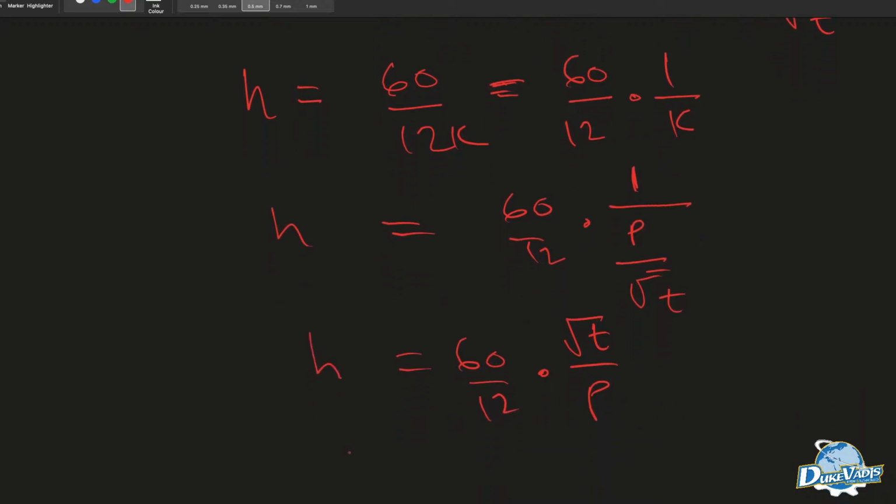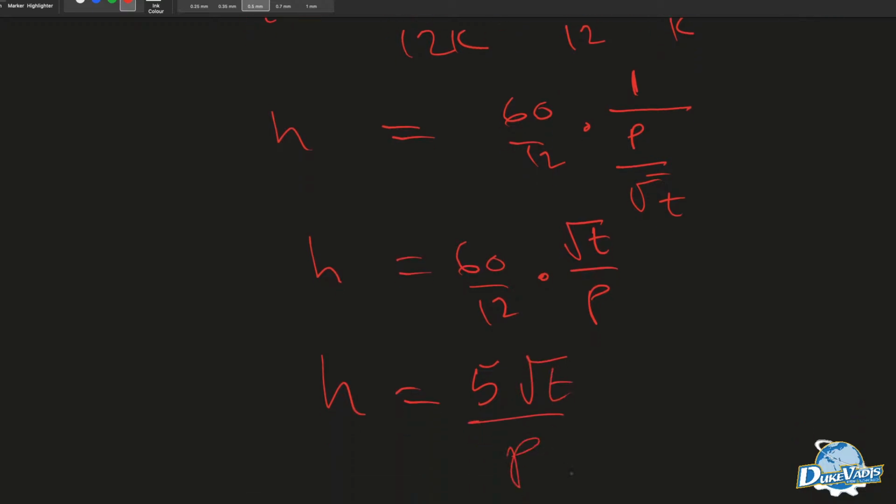Now 60 divided by 12 gives us 5. So the equation now is h equals 5 root t over p. So that is what we have.